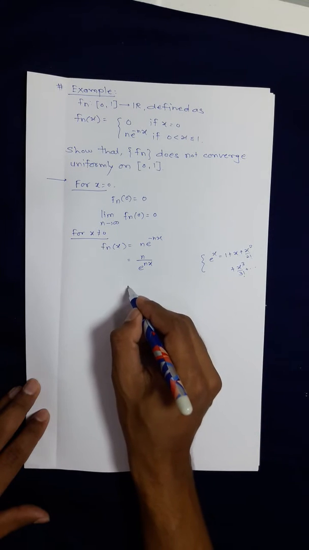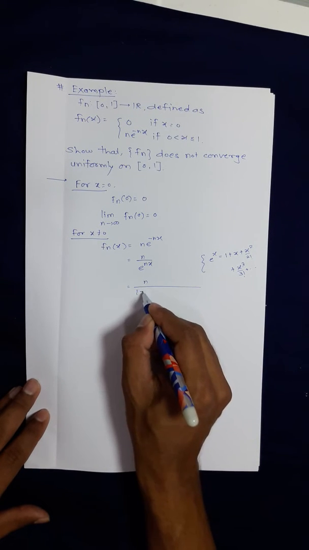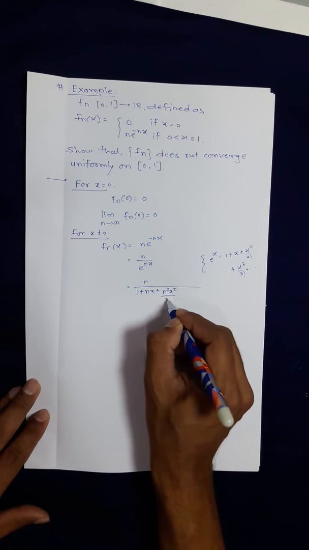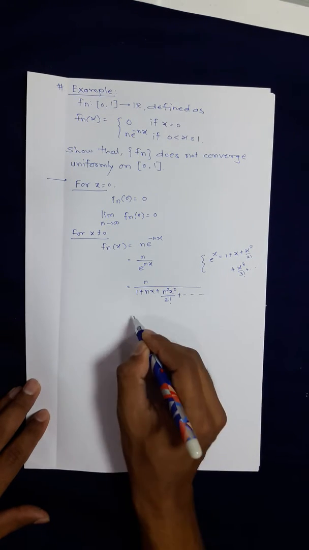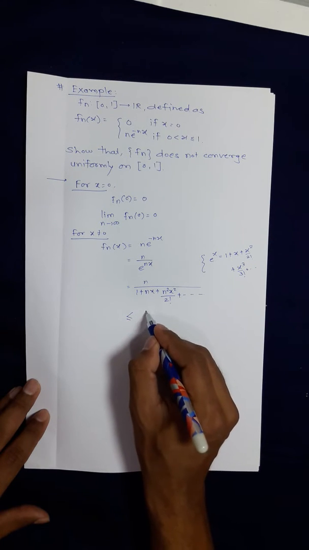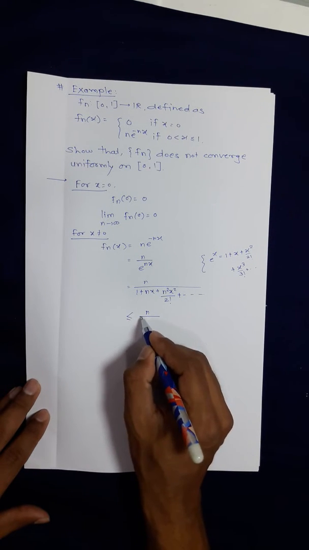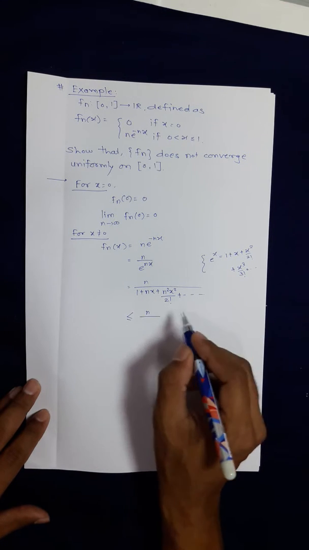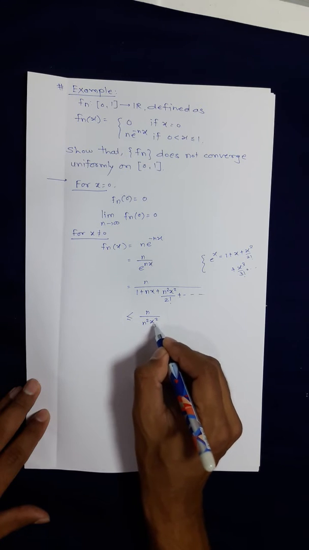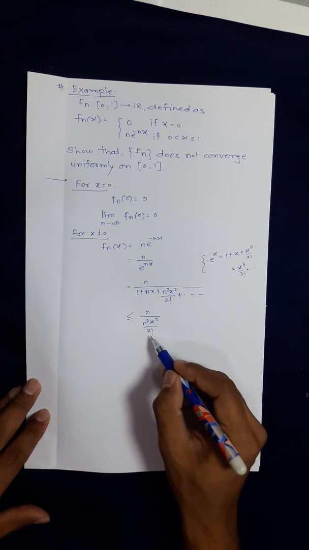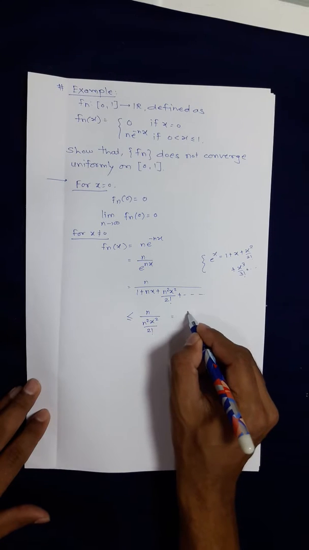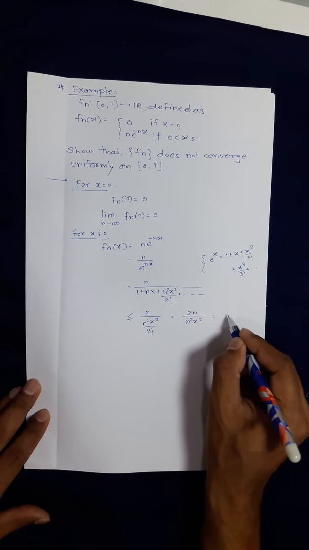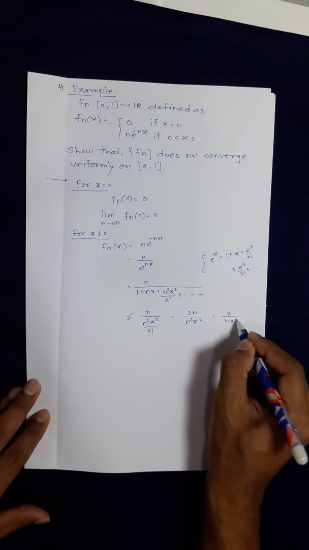So this expansion I am going to use here: 1 plus nx plus n square x square by 2 factorial and so on. If you reduce the denominator, the value will increase, so this is less than or equal to, removing all the terms, just n square x square by 2 factorial. So this 2 factorial shifts to the numerator, 2n upon n square x square. n will get cancelled, so this is 2 upon nx square.